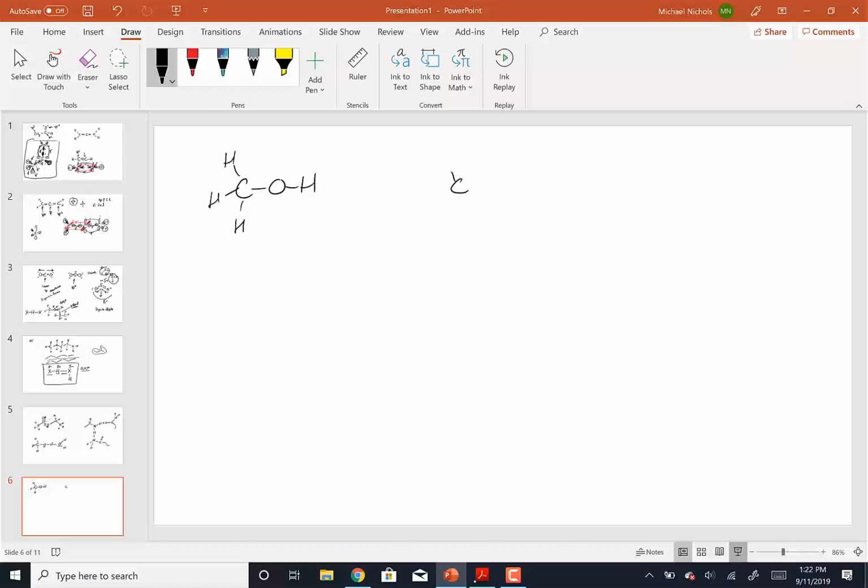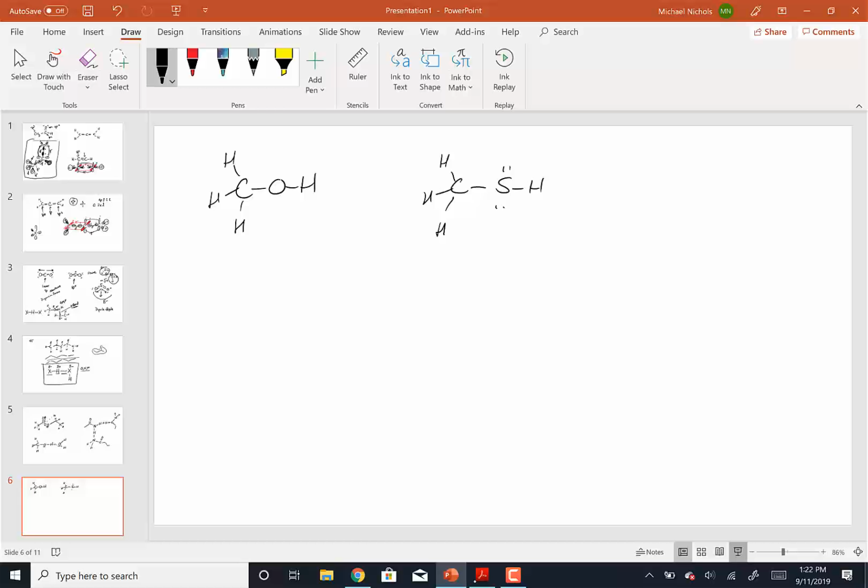But if I make a single replacement of the oxygen with the sulfur, I now have what's called methane thiol, and skunks are locked and loaded with methane thiol. Natural gas is methane, which does not have a smell. The methane thiol that they add to it is why, if you have a natural gas leak, you can smell it.